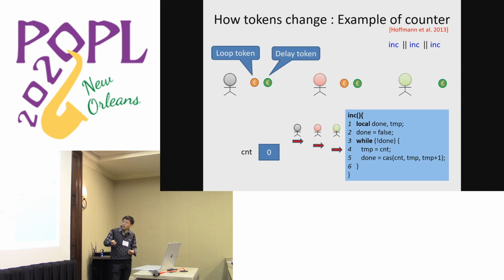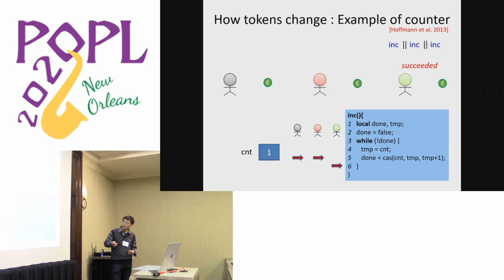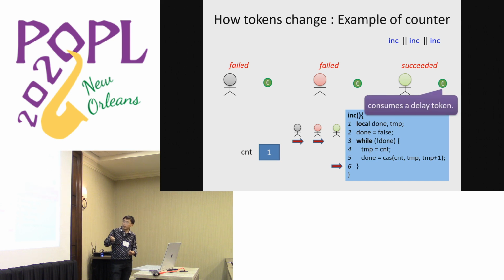So they enter the loop and consume the delay token, and then they all try to execute the CAS. And we know in this case only one thread succeeds. Then the other 2 threads will fail, so they have to do more loops. For the third thread, since its CAS succeeds, it knows it delays others, so its CAS has to consume this delay token, use up this delay token.